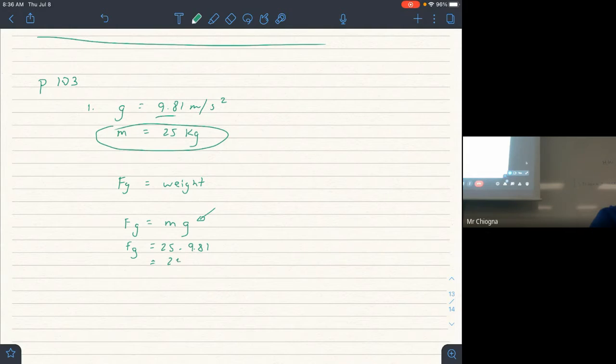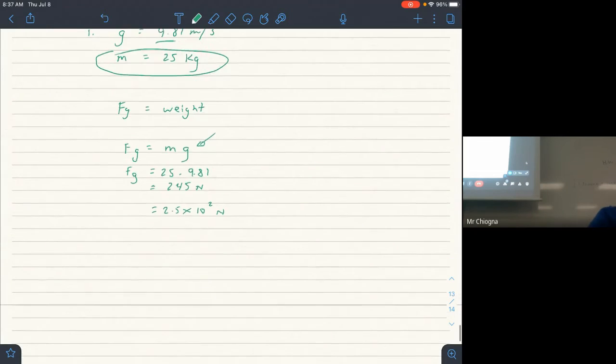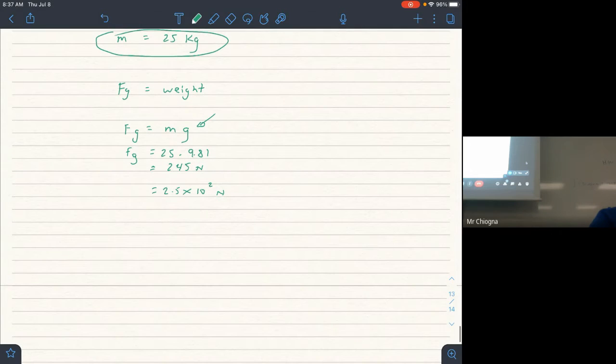So that works out to be 245. Again, it's a force, so it's measured in newtons. 2.5 times 10 to the 2, about 250 newtons. Number 2, what's the mass? And again, getting back to this, it's down. I tend to focus more on magnitude when I talk about weight, but yes, it's always pointed down. Weight's always down. What is the mass of an object if its weight is 80 near the surface of the Earth?